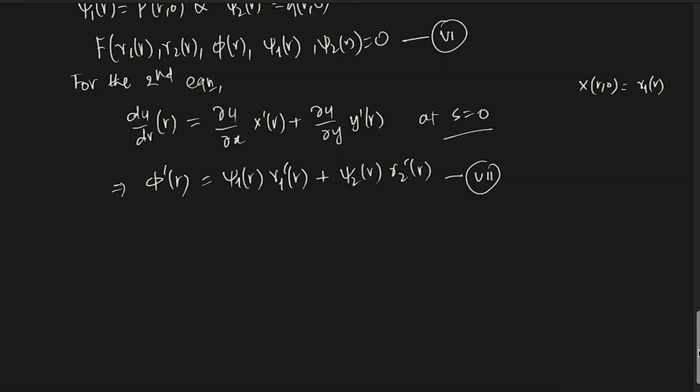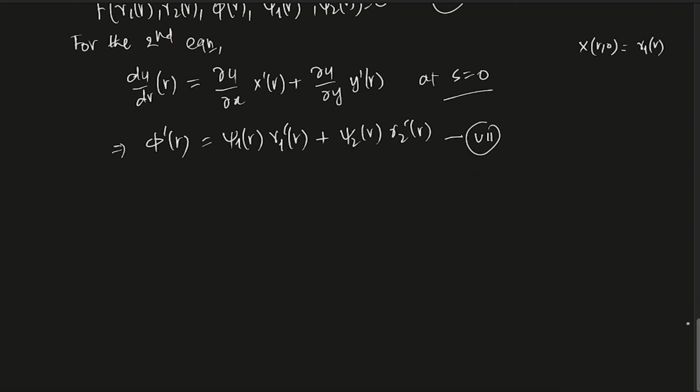It's a bit complicated, but we can get through it. So this data is called admissible data. I will just define a small thing. What is admissible data?